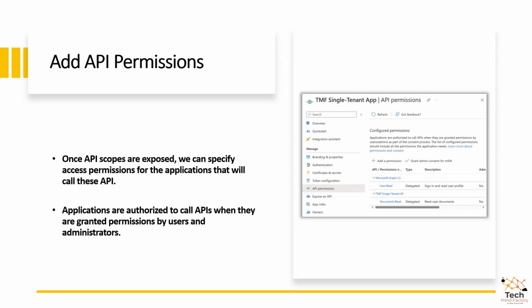So for instance, the user sees this consent screen like, hey, the application would like to access your basic profile, but also this application would like to gain access to your files, for instance. And once the user consents, then Entra will issue an access token for the application, so the application can call the protected resource, which is the API, on behalf of the authenticated user.